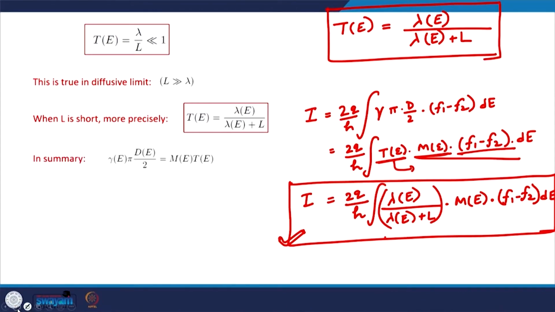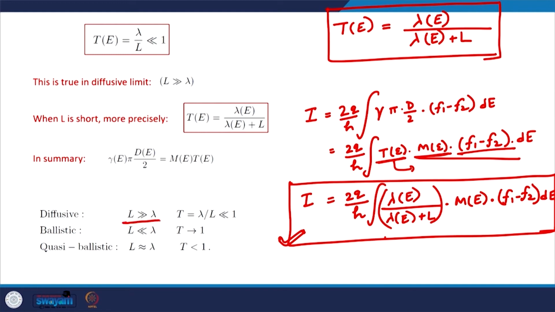Okay. And as we have already seen, when L is extremely large as compared to lambda, the transmission coefficient is very much less than 1. When we have the ballistic case, when lambda is extremely larger than L, the transmission coefficient tends to 1.